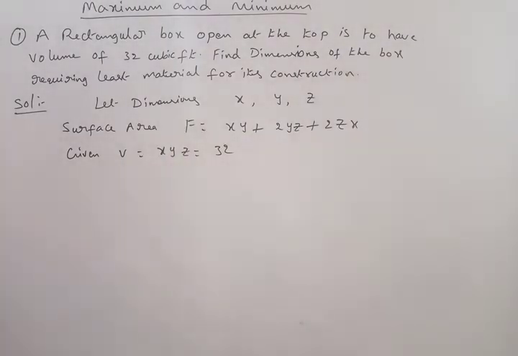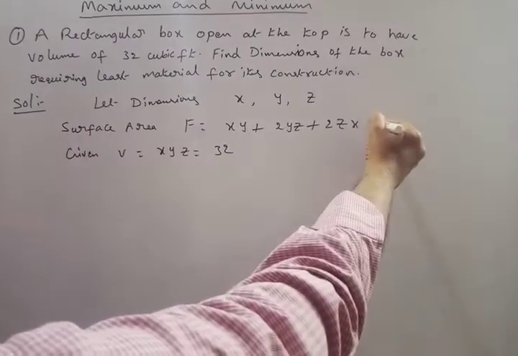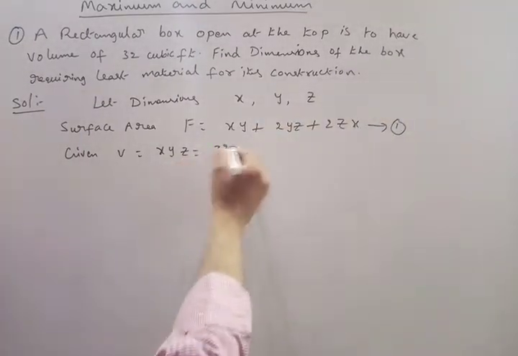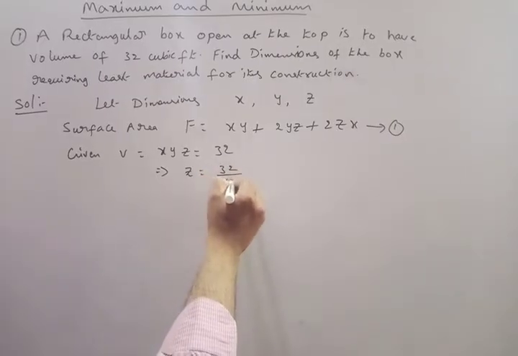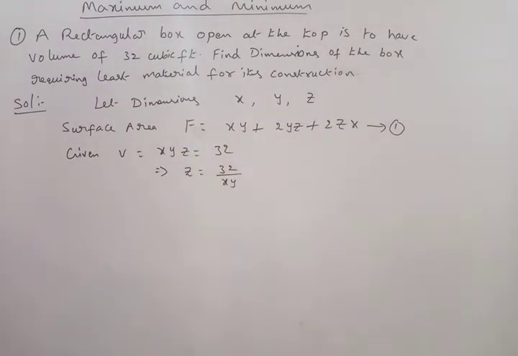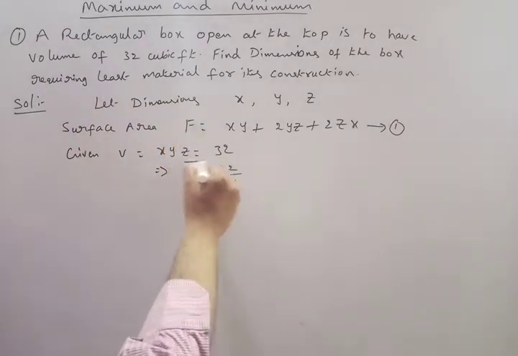Take this as equation number 1. Then z is equal to 32 by xy, so I am converting the problem in terms of x and y.